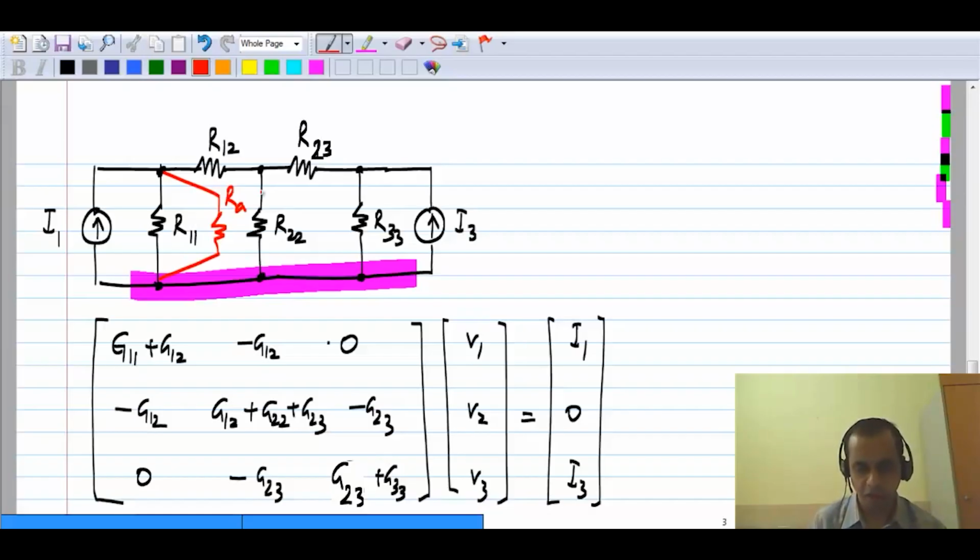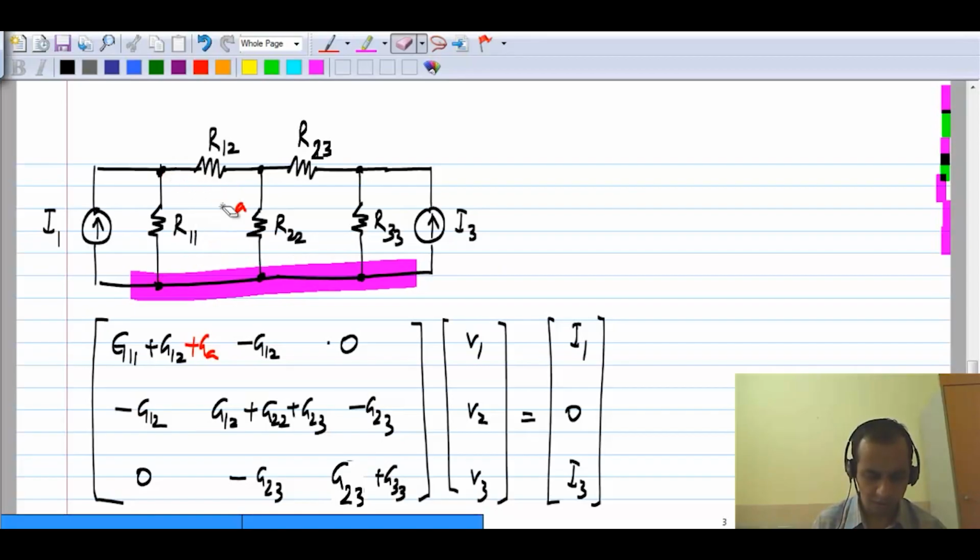Also, if you remember what I said earlier, the diagonal elements consist of the total conductance connected to node 1. So GA will appear here. This parallel combination tells you that wherever you had G11 earlier, now you should have G11 plus GA. That's exactly what happens, and that's consistent with the diagonal element being the sum of the total conductances connected to a particular node.